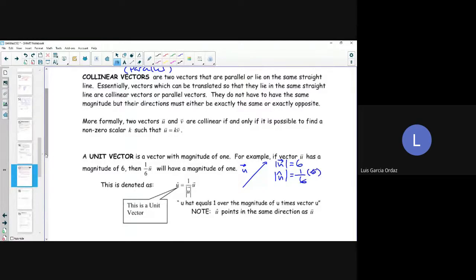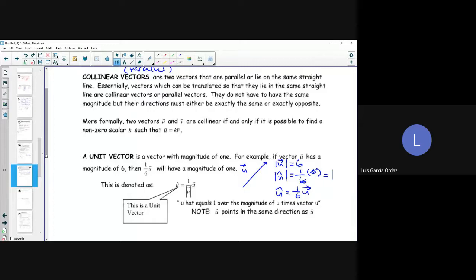So the 6's cancel out, which gives me a unit of 1. So in this case, I would just write unit vector u is equal to 1 over 6 times my vector u.